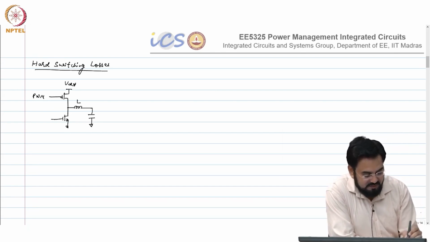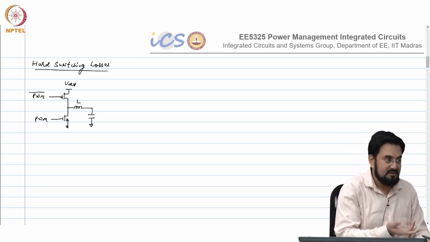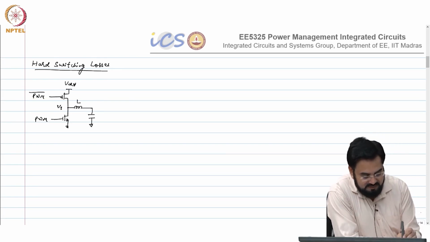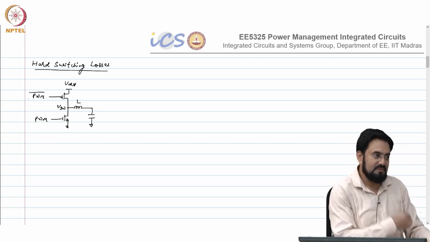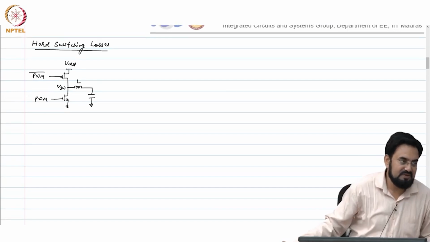So, if this is PWM, I will say it bar, because this gate will be high when... So, VSW, if you want to keep it high, then PWM bar should be low, which means PWM is high.